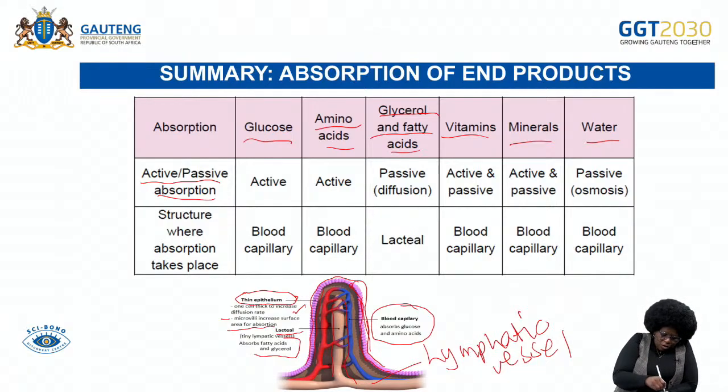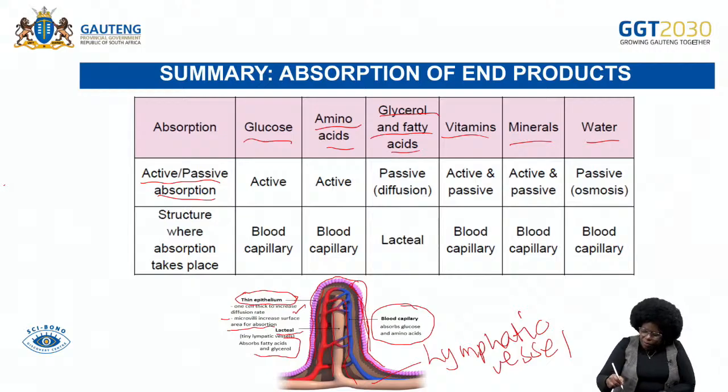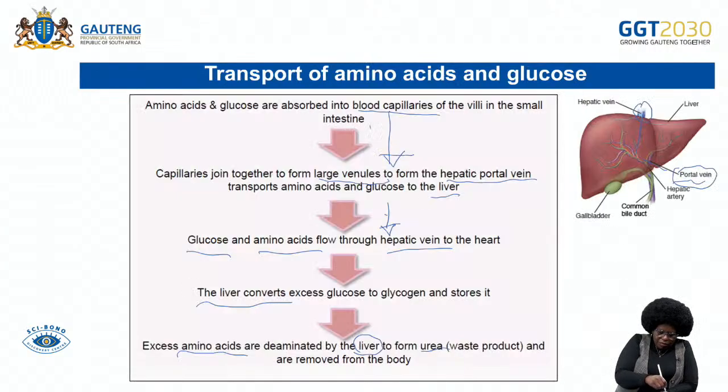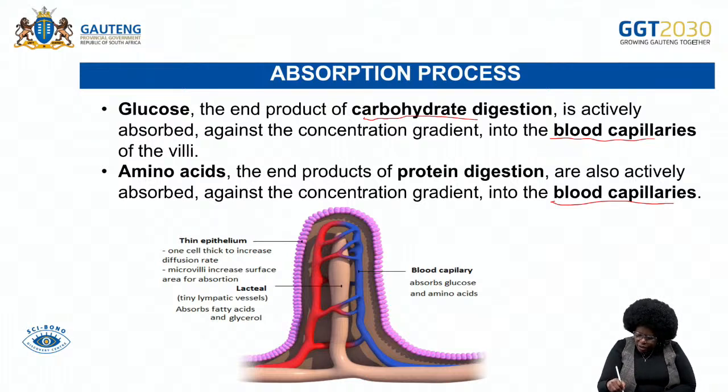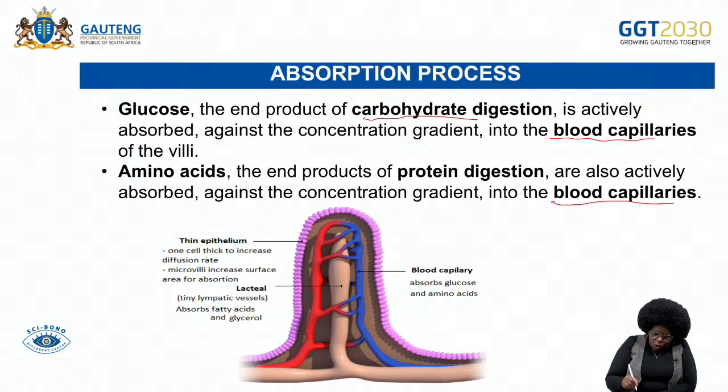I also want us to check quickly the following. Right, so let's check this out as well, because I saw that you were struggling. Let's have a look quickly on this. Just check this out. Glucose, as I have asked you many times, it's the end product of what?